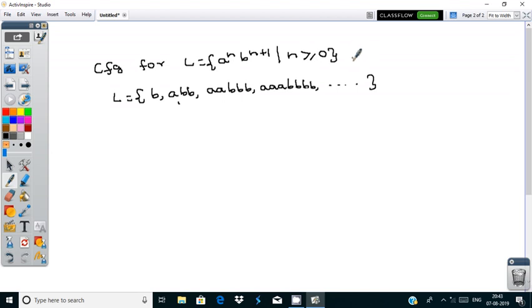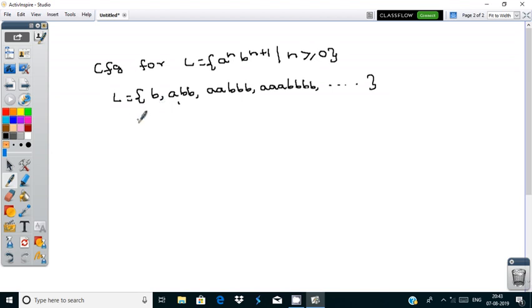Now assume there should be a's and b's where b is one more than a. How will you do this? There should not be any concept of epsilon here, because the minimum string is actually b.